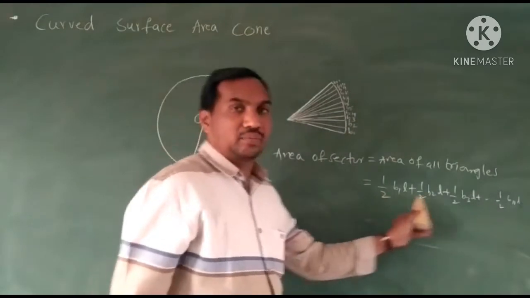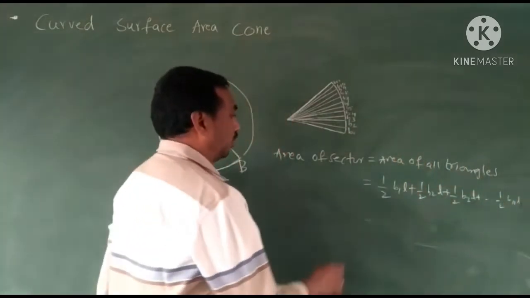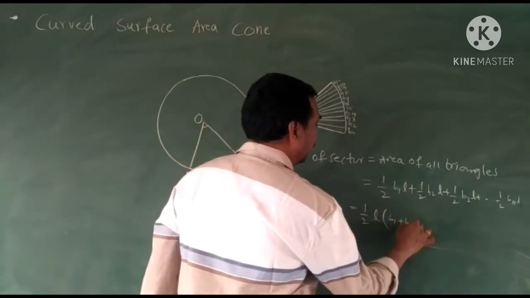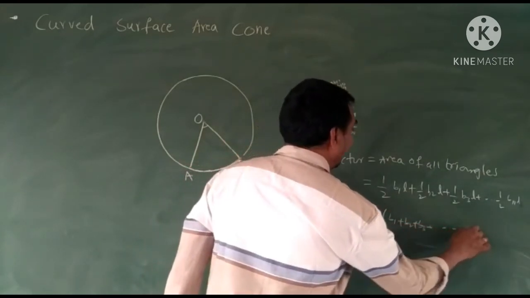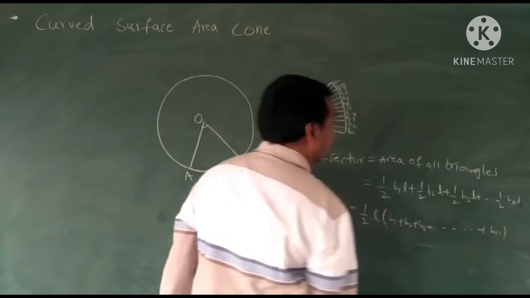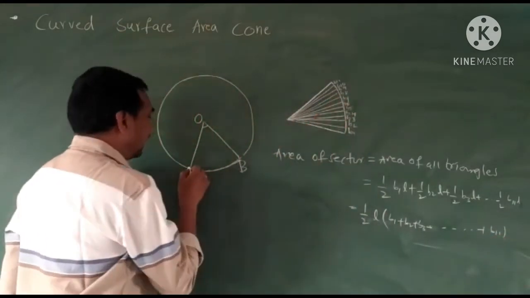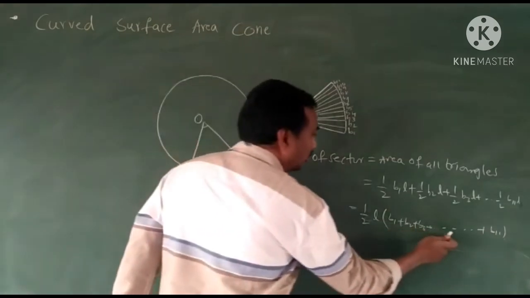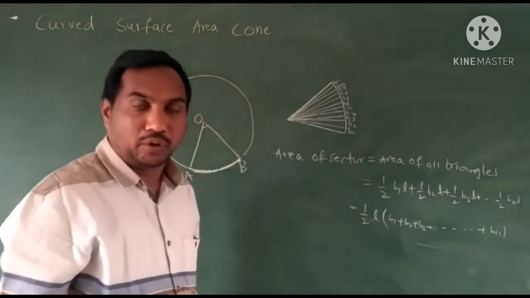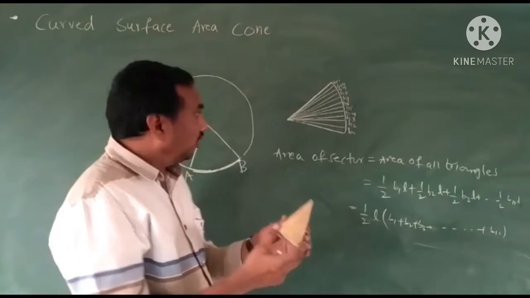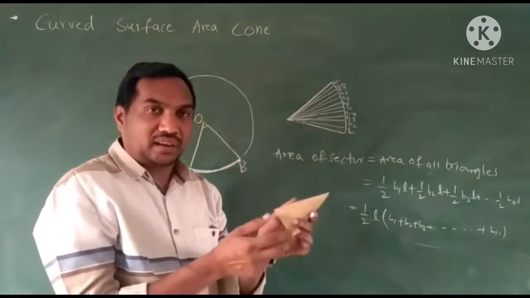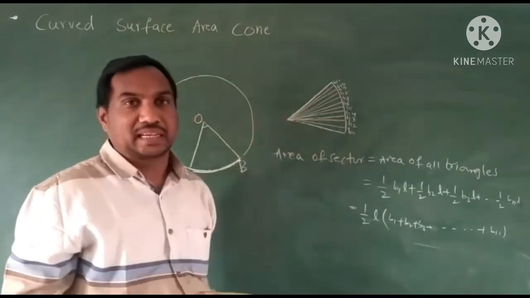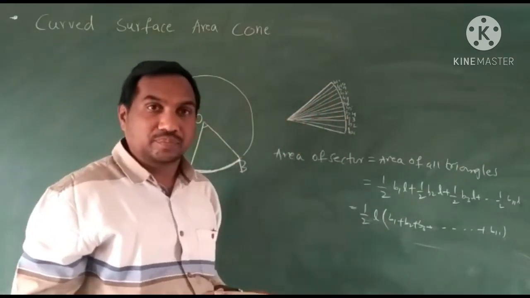In every term we can take half L as common: B1 plus B2 plus B3 and so on up to B11. This arc length is nothing but the sum of all these bases. Now if I fold this sector, this arc will become a circle.